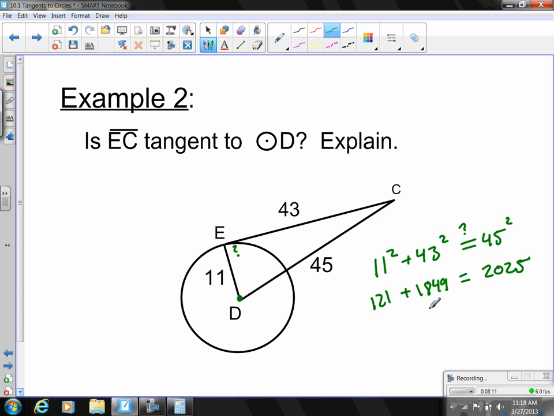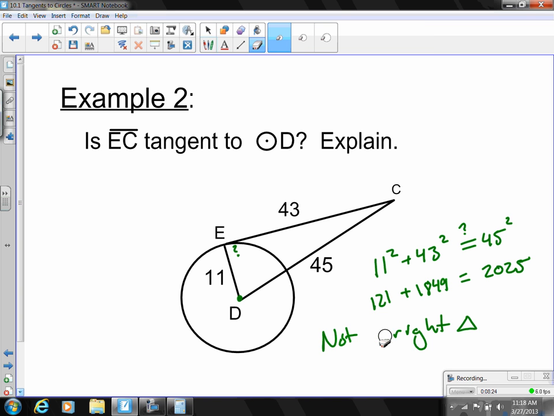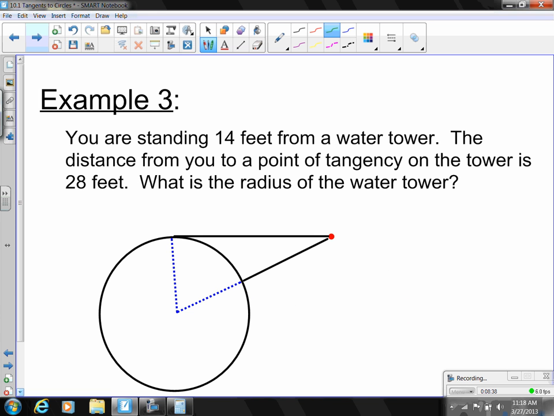So I know these aren't going to be equal, so this is not a right triangle. If it's not a right triangle, well, what do we know then? We know these lines aren't perpendicular, right? They'd have to make a right angle to be perpendicular.